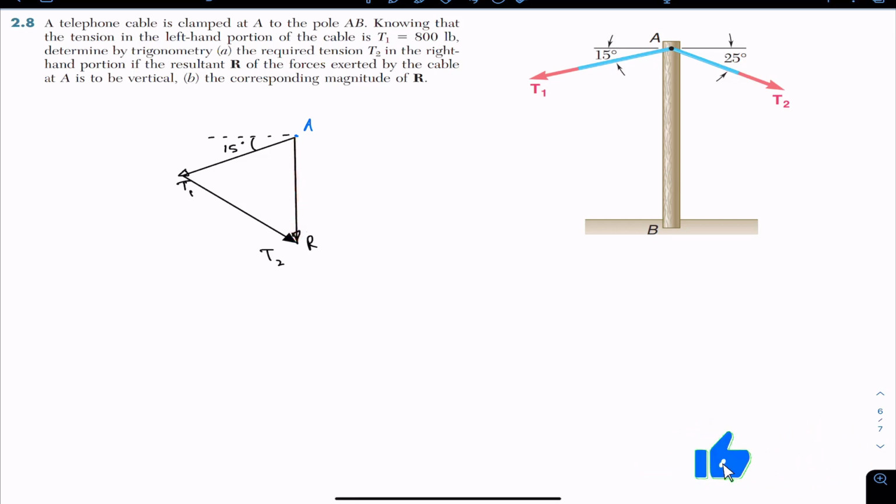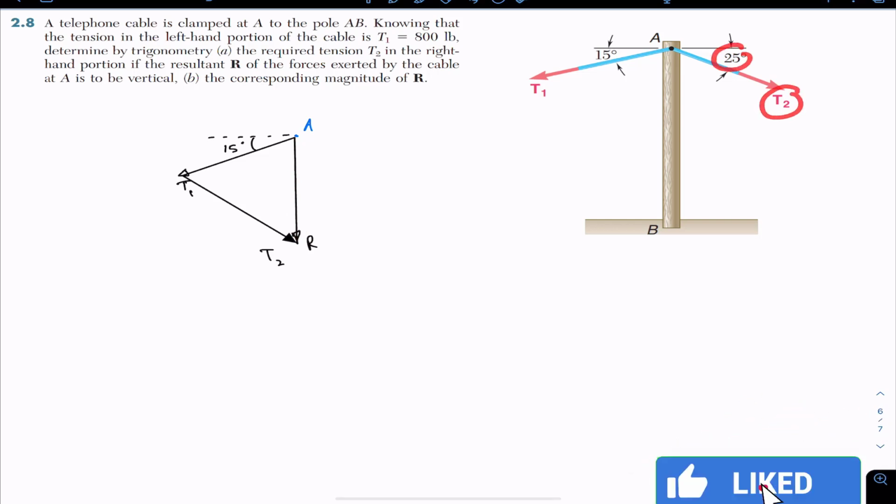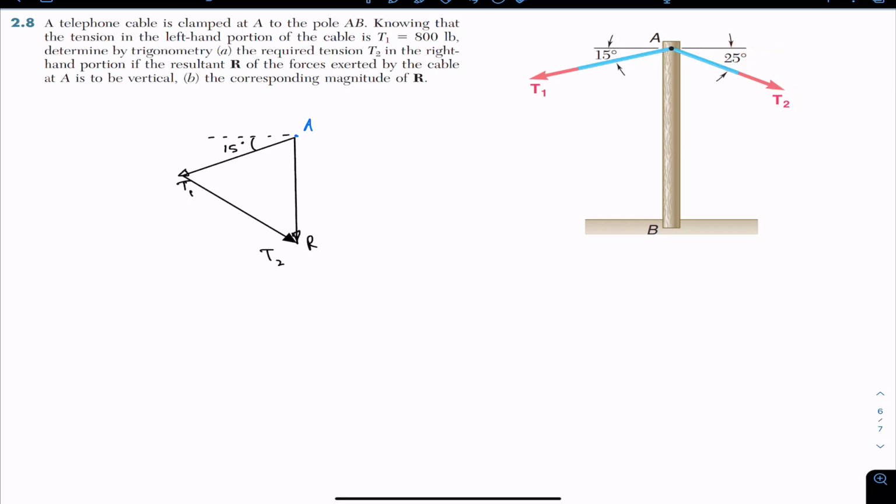Now we are given that T2 is making 25 degrees with the horizontal. So if this vector is my T1, this is that same T2 vector, then this T2 must be making that 25 degree angle here.